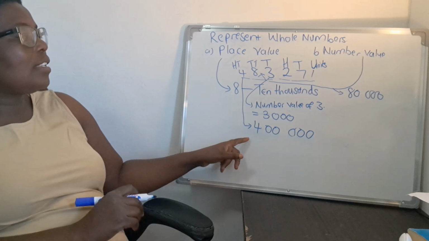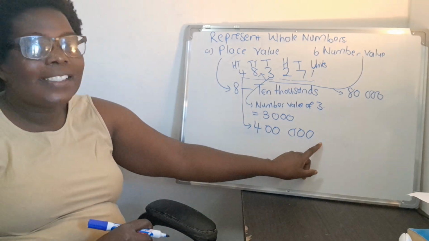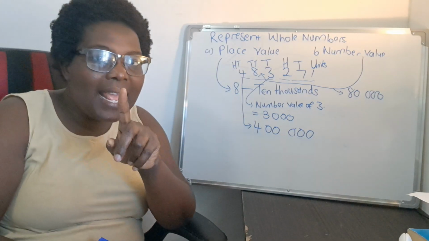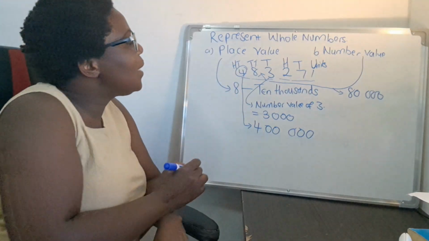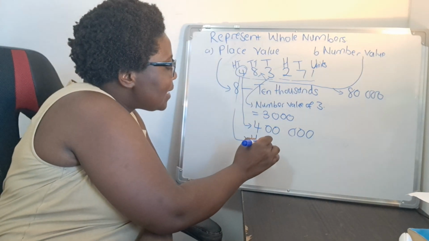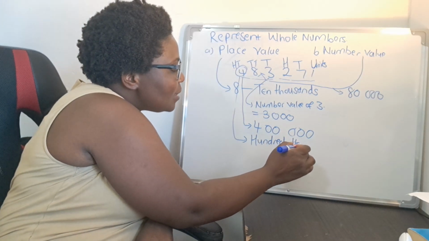Okay, then you can see that the number value of 4 is 400,000. But if we ask you for the place value, then the place value of 4 will be written as 100,000.